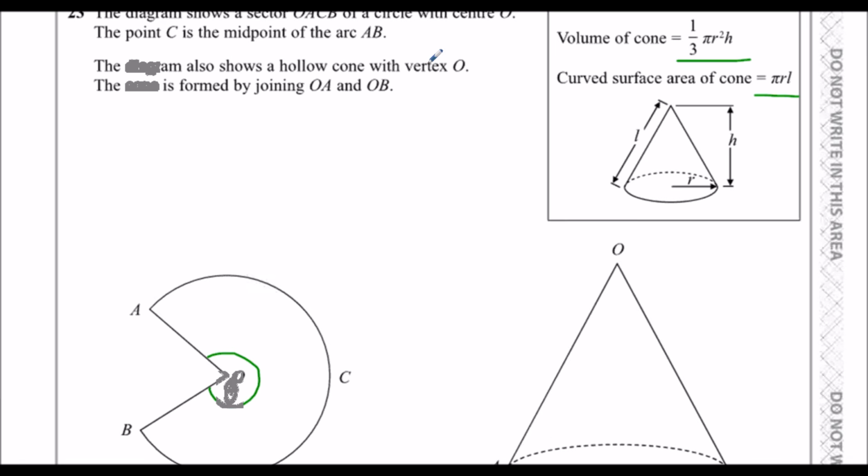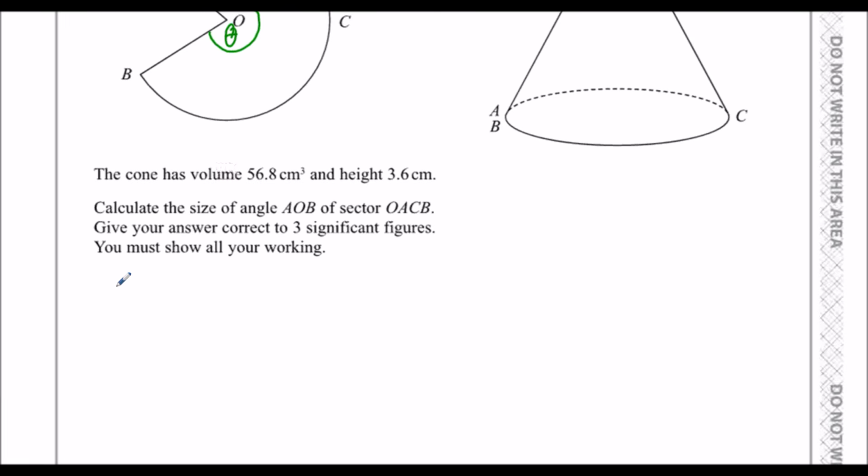The volume of a cone is 1/3 pi r squared h, and that's equal to 56.8. And we're told the height is 3.6.